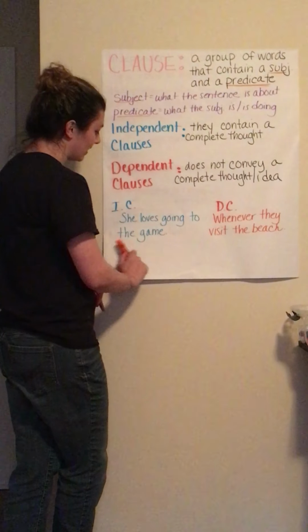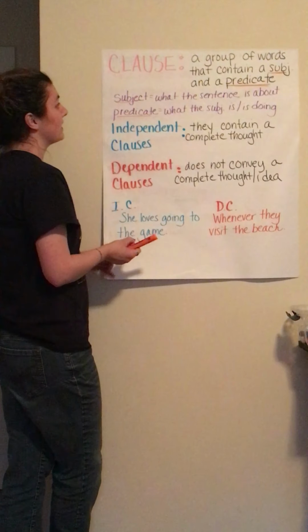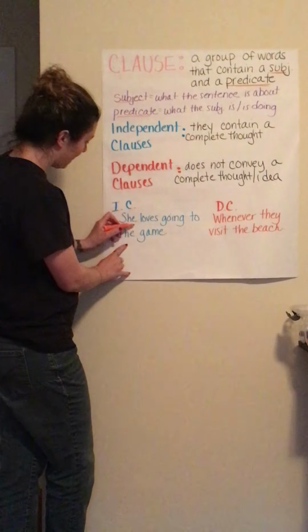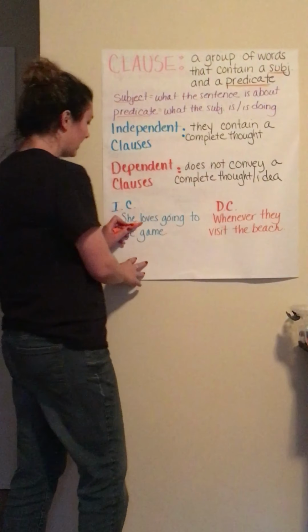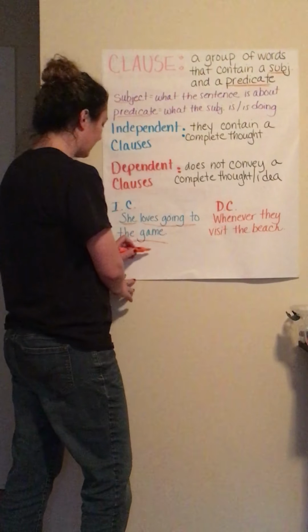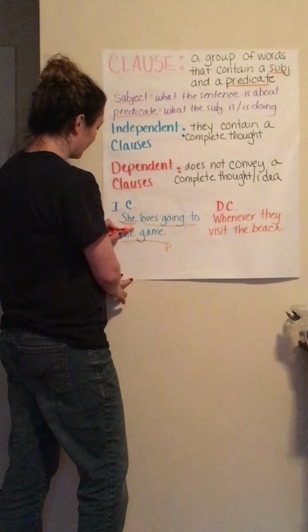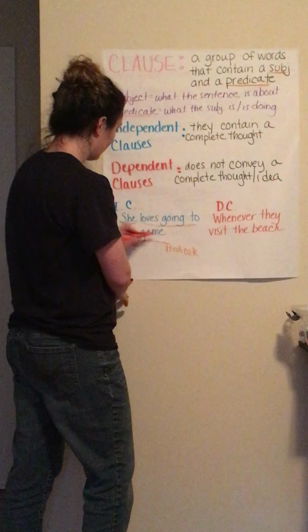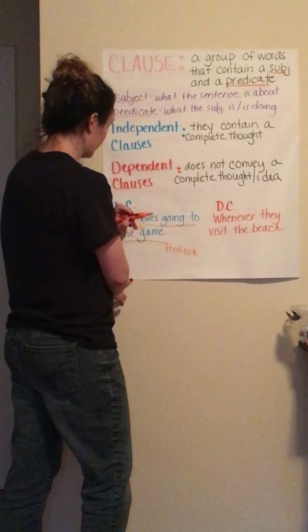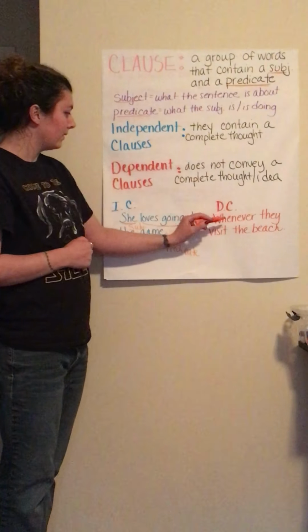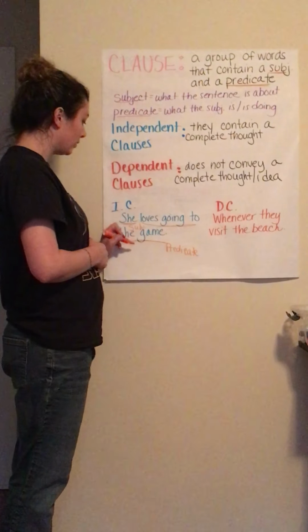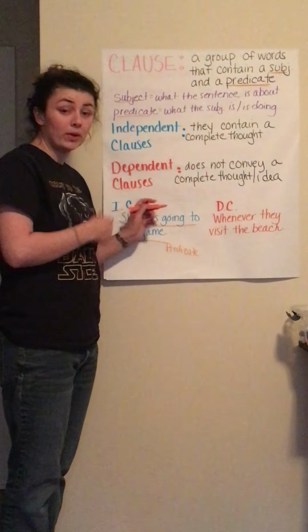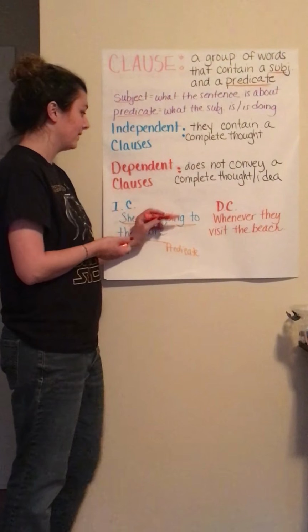She loves going to the game. It contains she, which is the subject, and loves going to the game, that's the complete predicate right there. So we have the subject and the predicate. Perfect. And this can stand alone because it's not an introduction to another thought, it's complete.